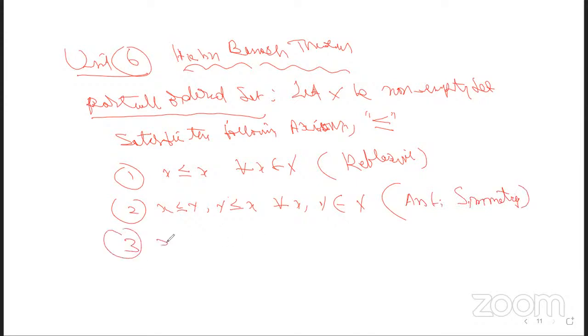Third condition: x less than or equal to y, y less than or equal to z, for all x, y, z in capital X. This is known as transitivity.